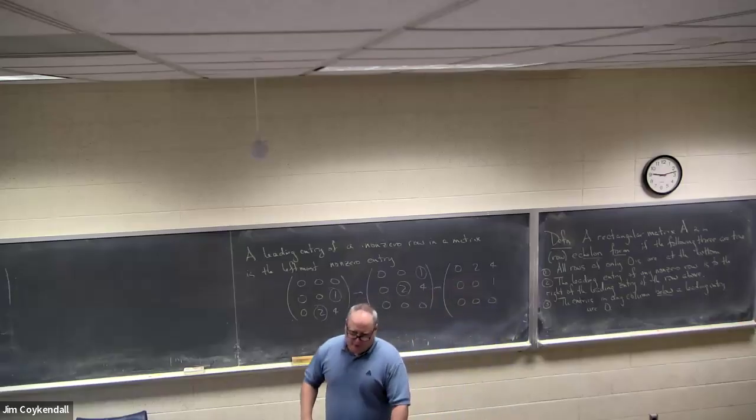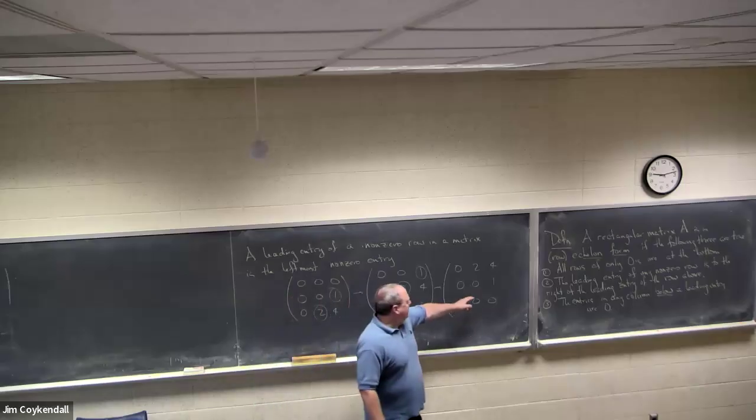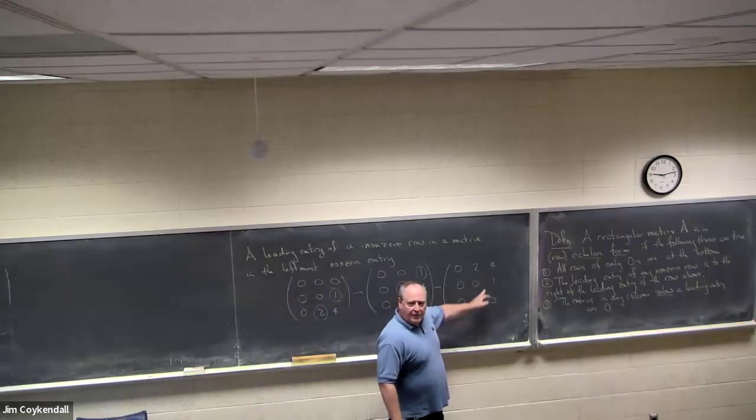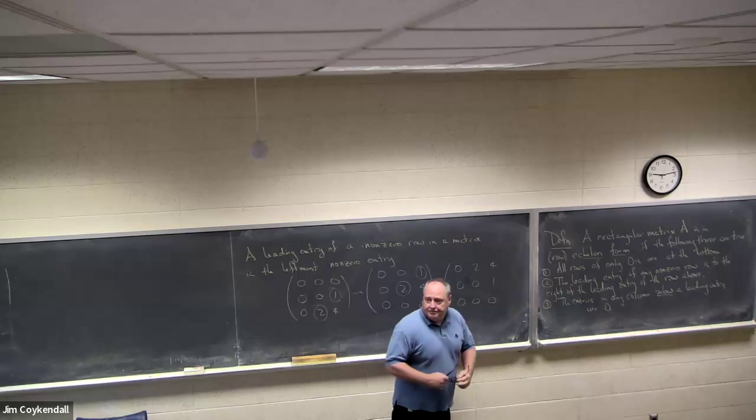Do I have further problems with the matrix I have? I think this one's now good to go, right? Because I've got zeros below every leading entry. I agree with it. So this animal right here, yay, is in echelon form.